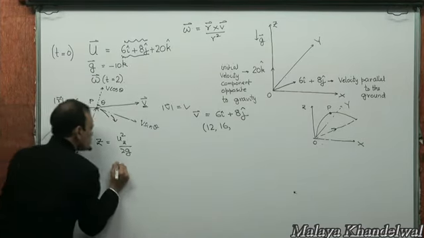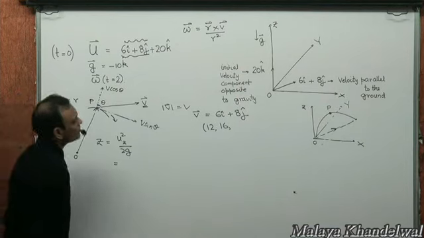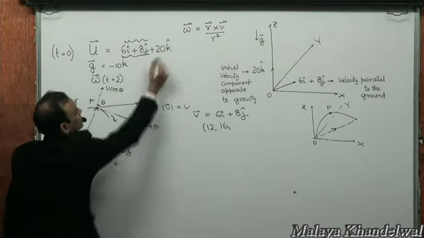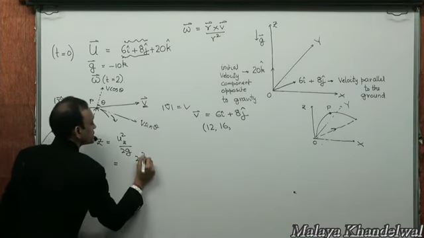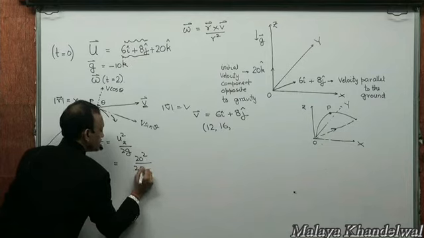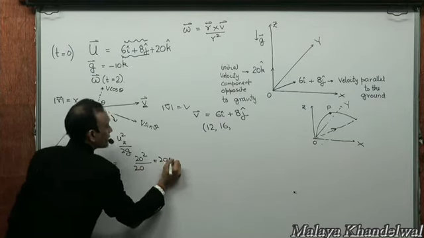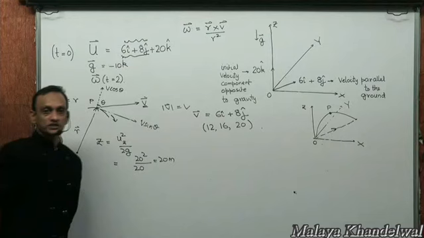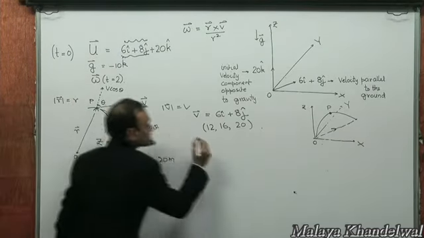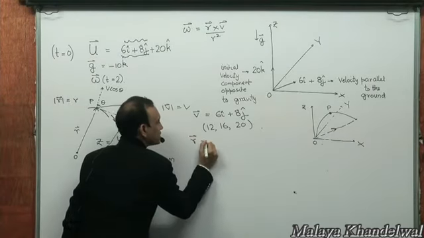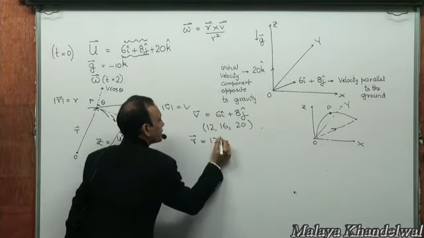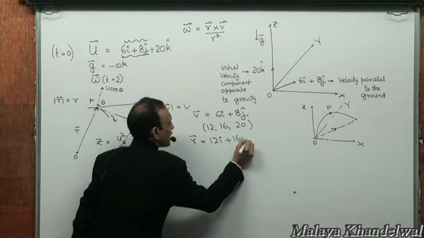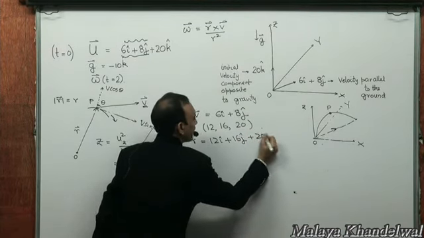So uz squared by 2g means 20 squared divided by 20, which makes it 20 meters. So the position vector of the particle 2 seconds later is 12i cap plus 16j cap plus 20k cap.